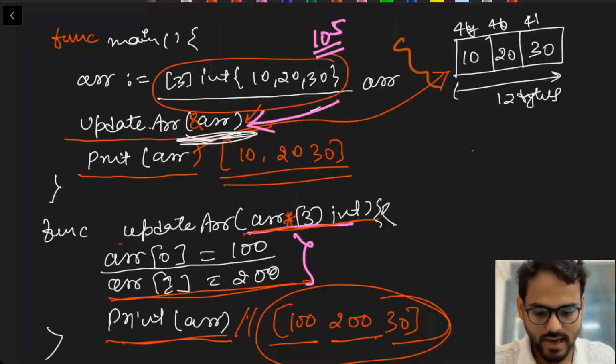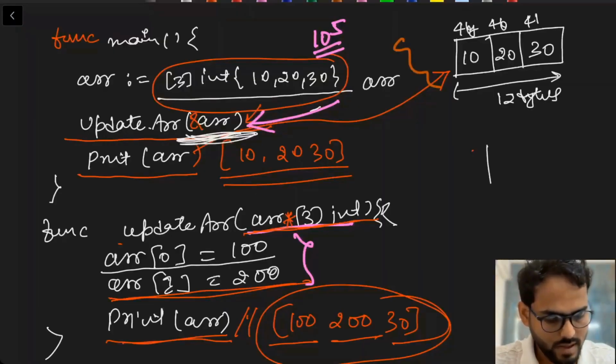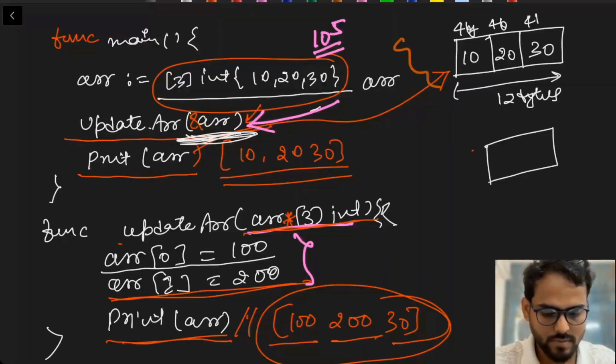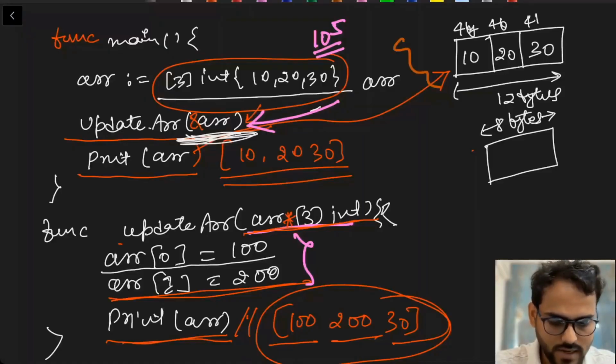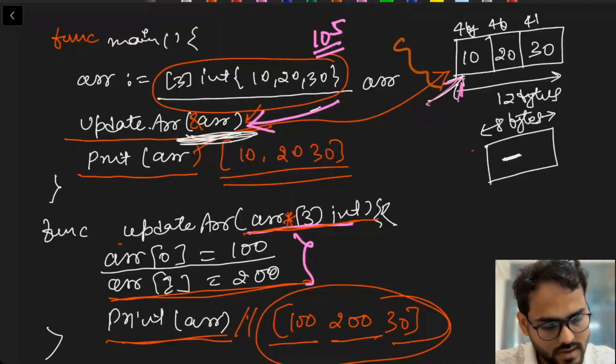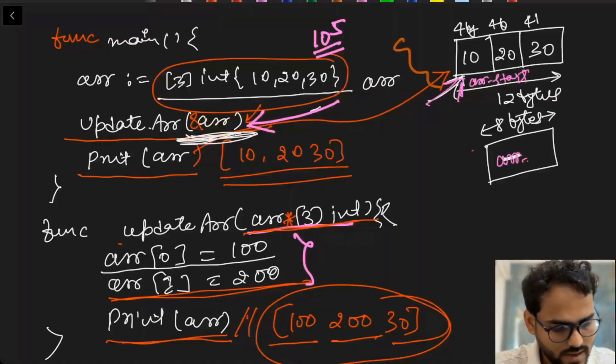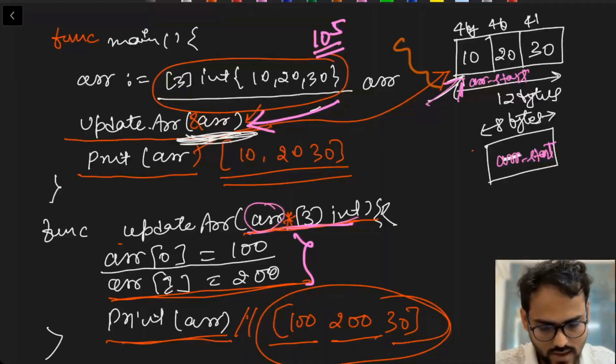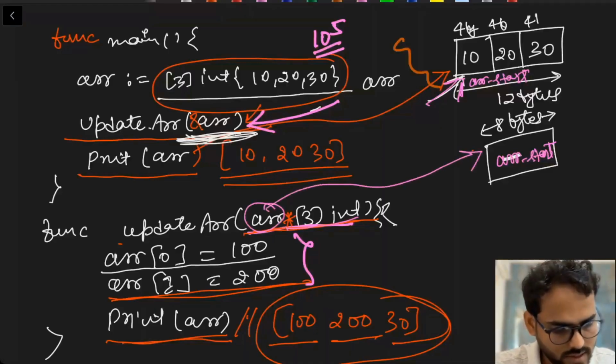So when we are passing an address of an array, the memory block will be reserved, but this time for 8 bytes only, as addresses can be 8 bytes long, and inside this we'll have the starting address of this array. Let us call it array start.